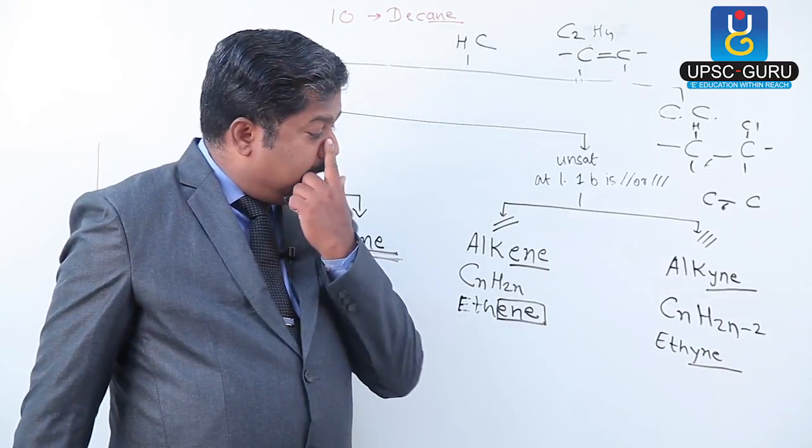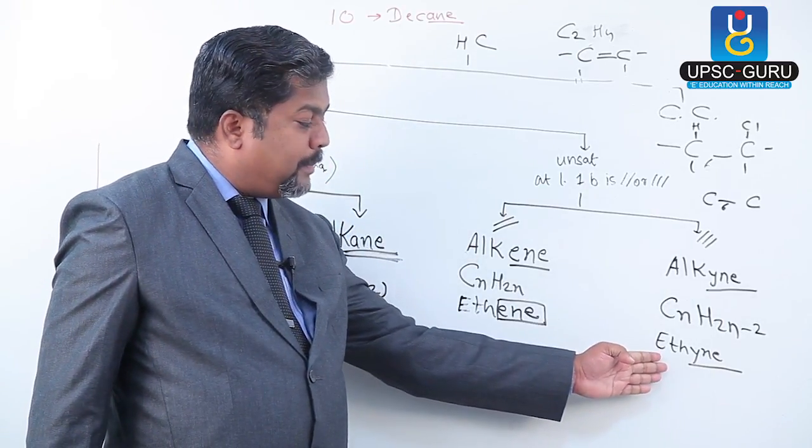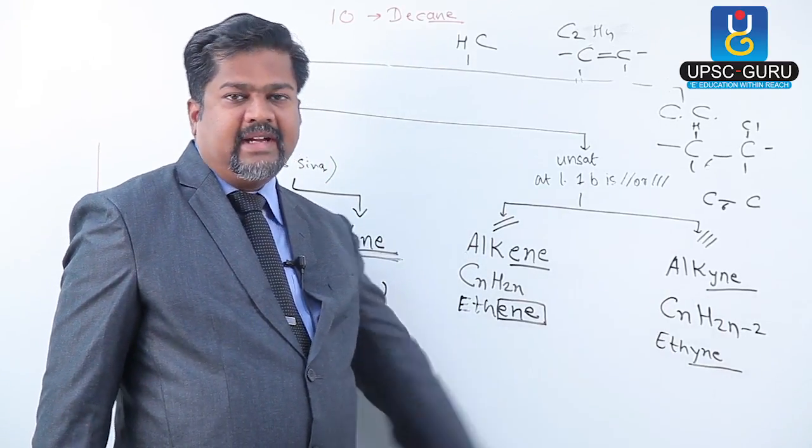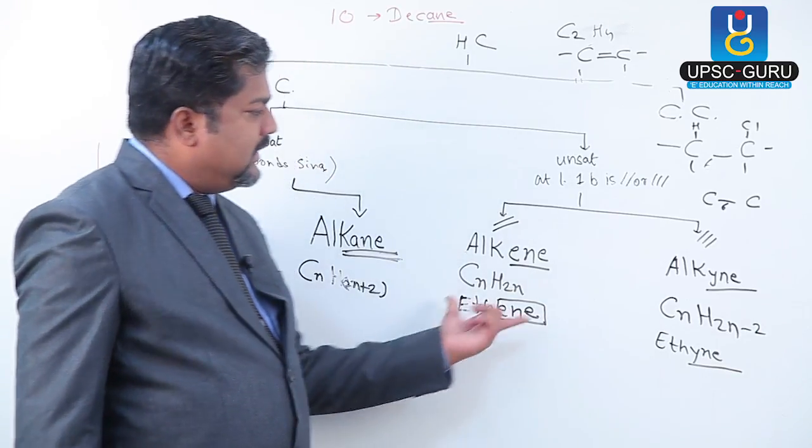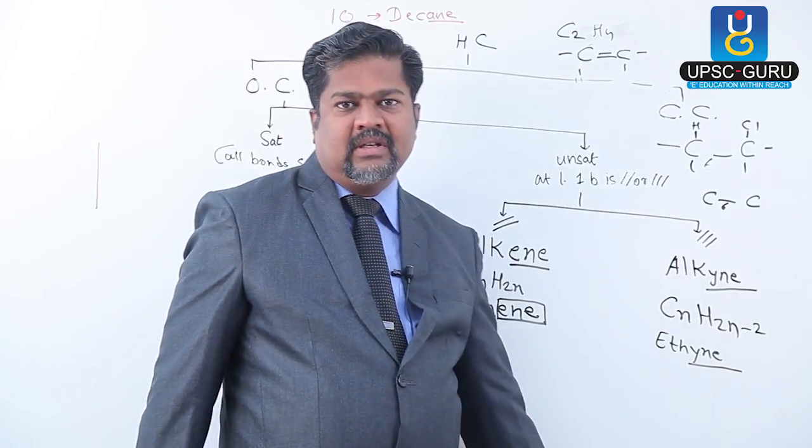This way the names propyne, butyne and so on are there for the alkyne series.